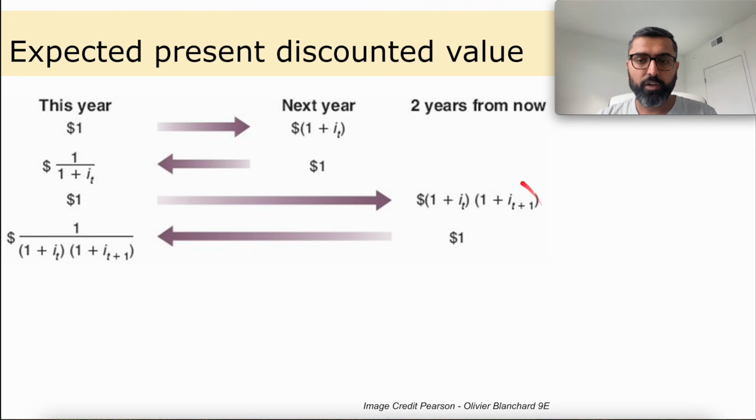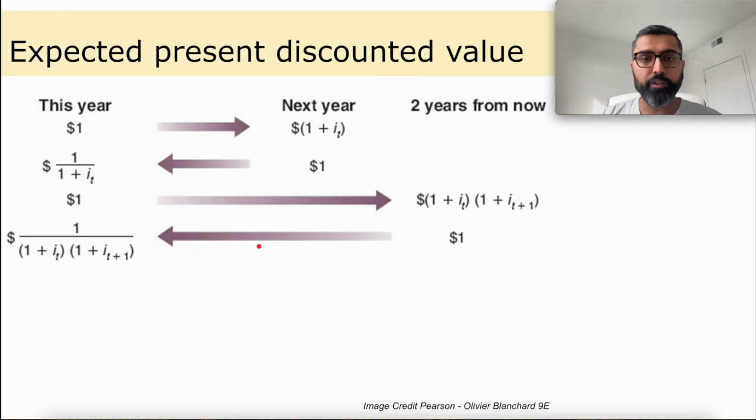So similarly, $1 2 years from now is worth 1 over (1 plus i_t) times (1 plus i_t+1). So far with me? If you get interest in year t as i_t and year t plus 1 as i_t+1, that's the value of a dollar in 2 years.